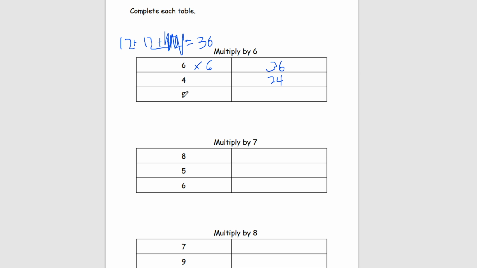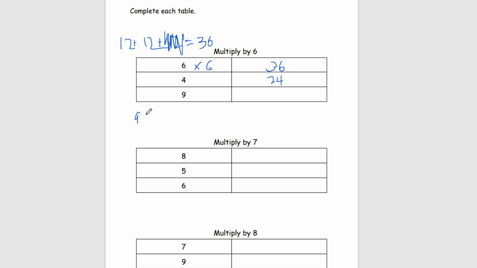For number 9, this one's a little longer, but we should just do the same thing. We see that 9 times 6 means there are 9 sixes. Actually, we can do this an easier way. We can do 6 nines.